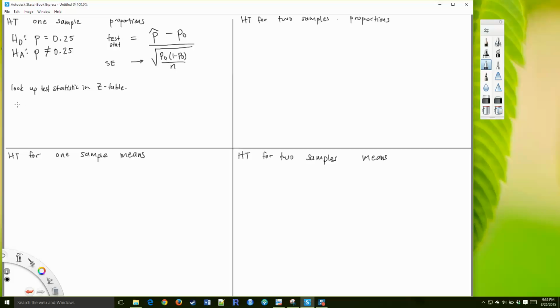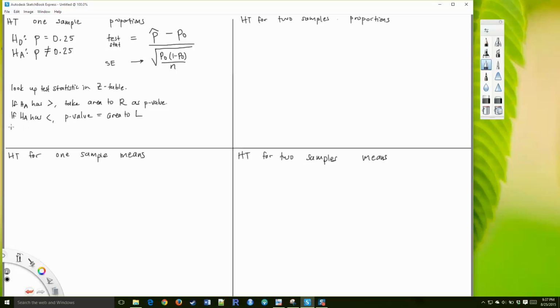And we have the same rules for everything. If the alternative has greater than, take the area to the right as the p-value. If the alternative has less than, p-value equals area to the left.